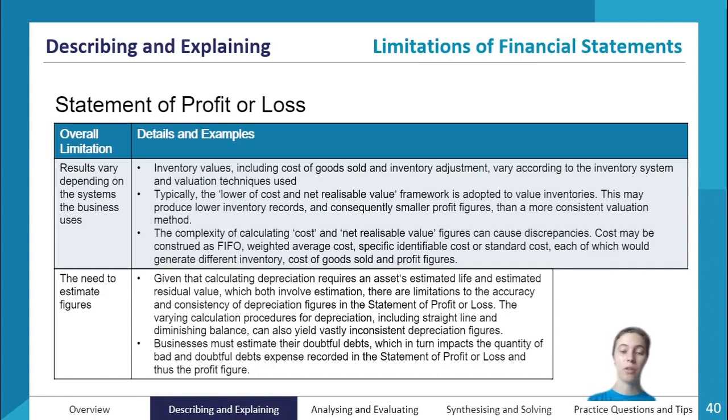They have to estimate what they expect to not receive from their accounts receivable. And then this has flow-on impacts: the quantity of bad and doubtful debts expense that's recorded in the statement of profit or loss, and then that again has a flow-on to the overall profit figure as well.